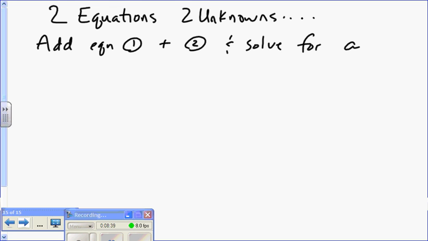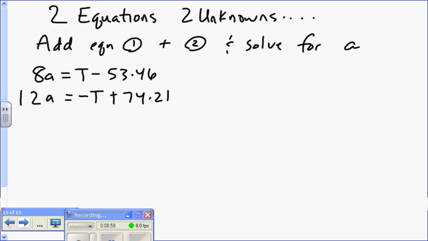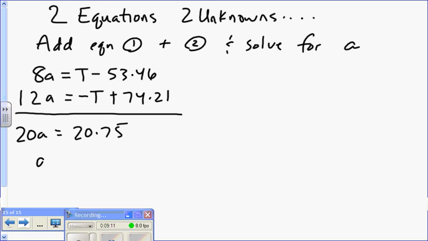There's equation 1 and there's equation 2, written in the opposite order so I have T over T. I add them up and end up with 20A on this side. T plus negative T is 0. Negative 53 plus 74 is 20.75, giving us acceleration at basically 1.